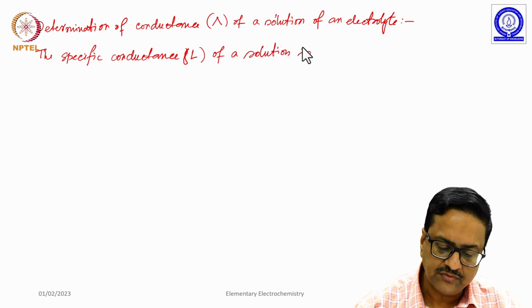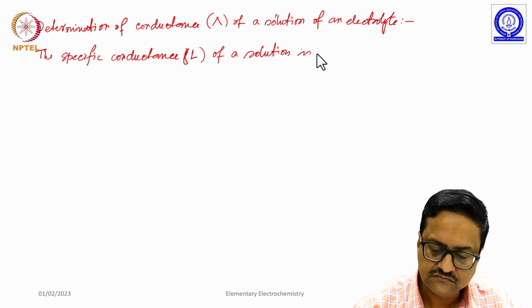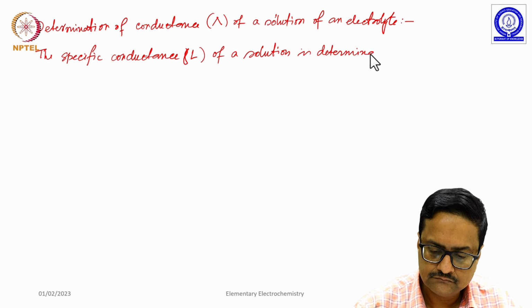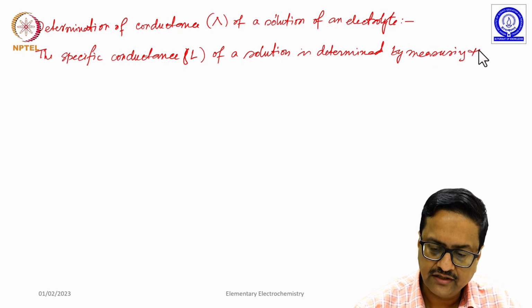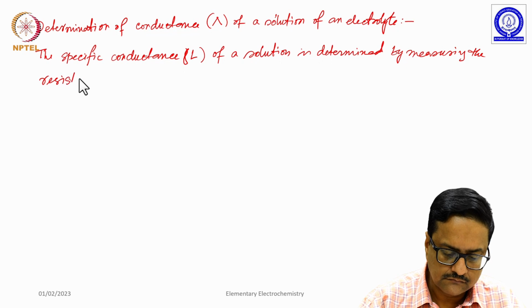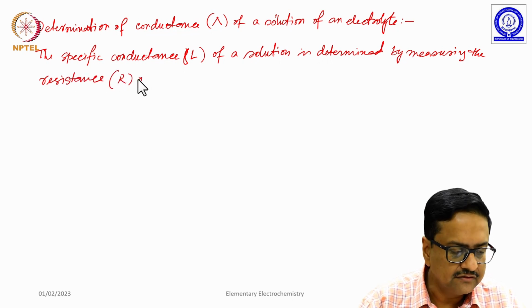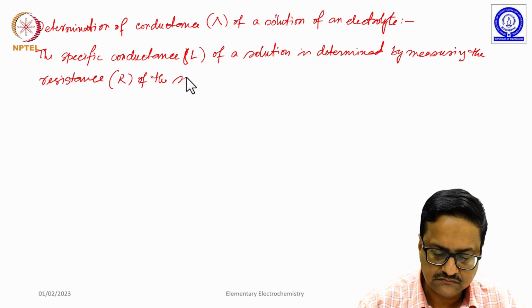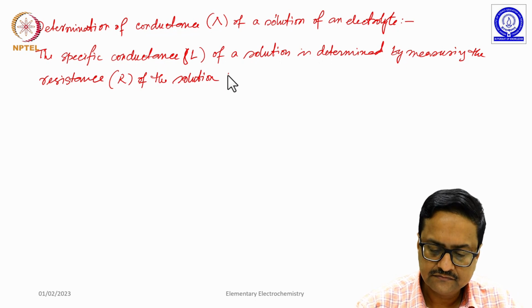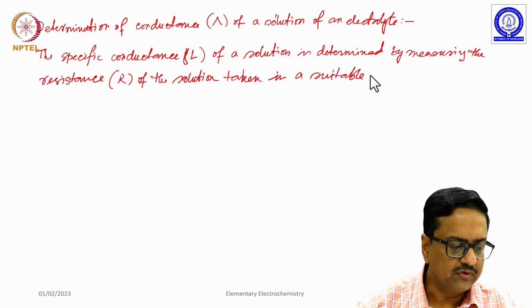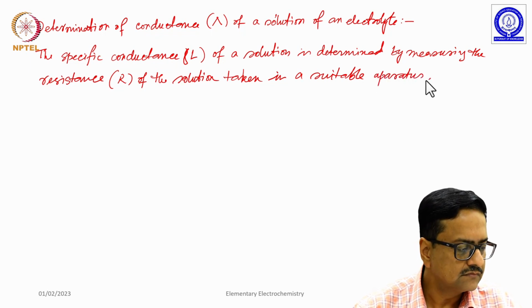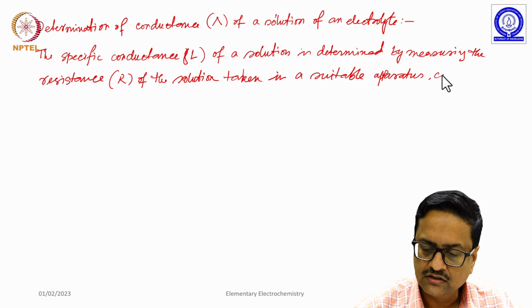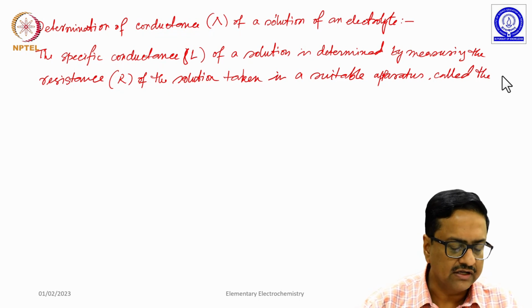The specific conductance of a solution is determined by measuring the resistance R of the solution taken in a suitable apparatus called the conductivity cell.